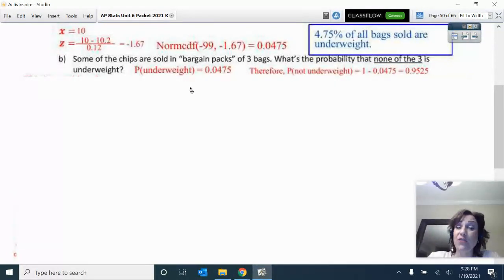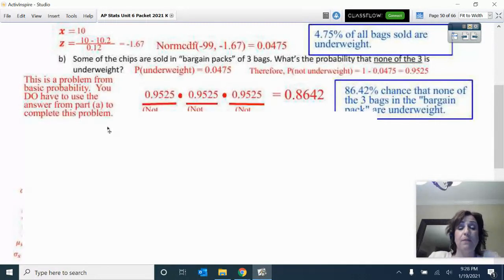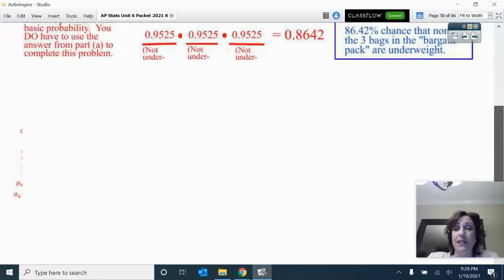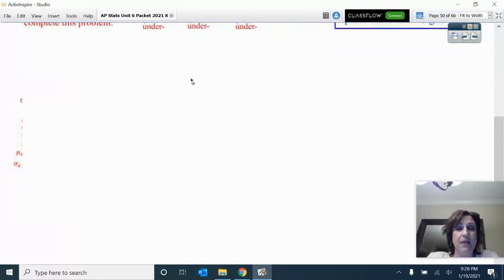If you remember, this is from the unit before Christmas, where all 3 of them are not underweight. So there's an 86.42% chance that none of them will be underweight. That's good. You like that. That's a high probability that everything's going to be all good.